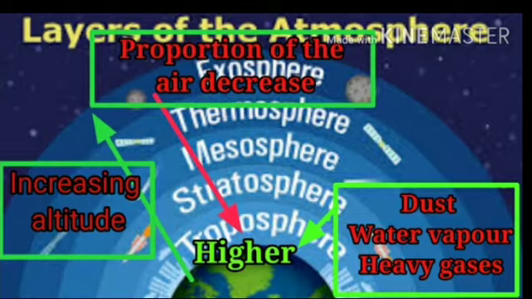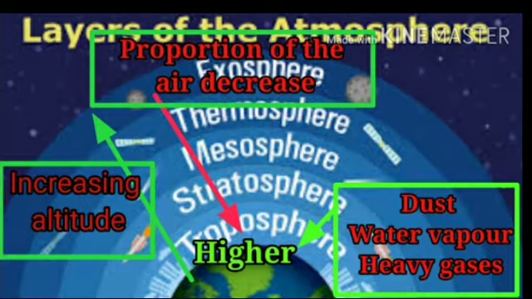Mesosphere, exosphere, ionosphere. So student, on the earth surface, these particles are in large number. It is very close to the earth. So student, from the earth's surface, as we go to higher and higher altitude, these dust particles, this water vapor and heavy gases will be decreasing. What happened? The proportion of these particles will be decreasing.